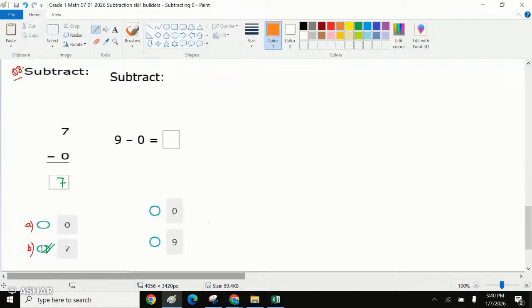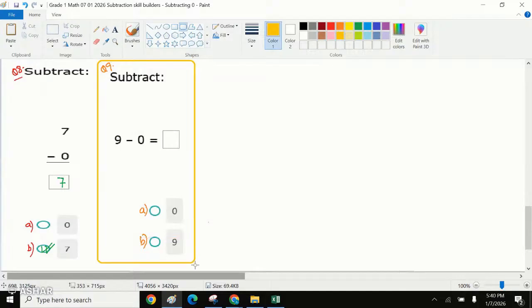This is question number 9, with option A and option B. So what should be the correct answer? 9 minus 0 should be equal to, yes, thank you, Prinsley. 9 minus 0, any number minus 0 stays the same, and that is option number B. Okay, very good. Thank you so much.